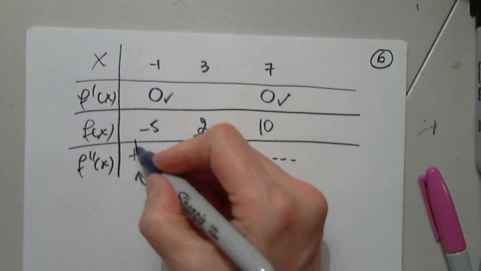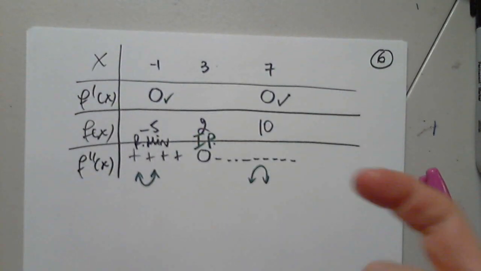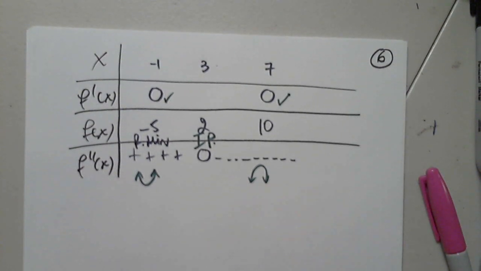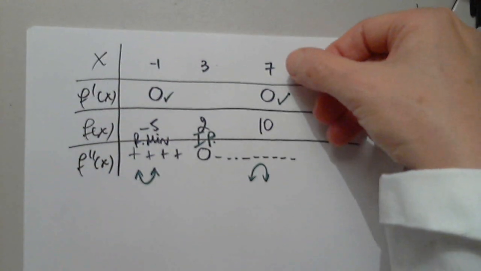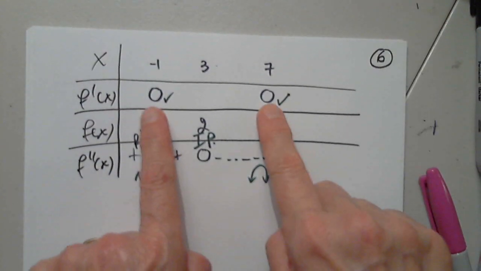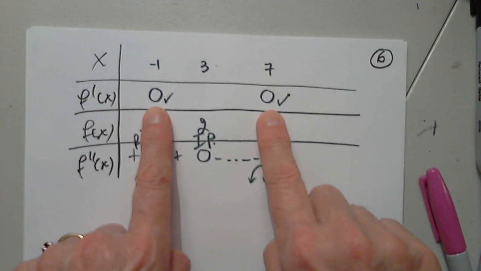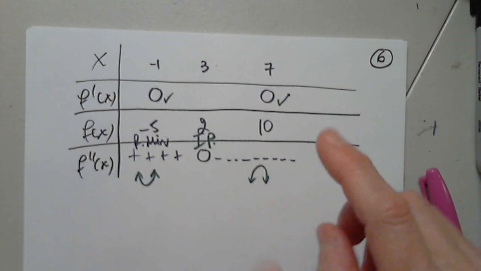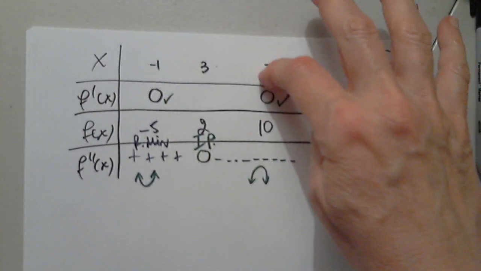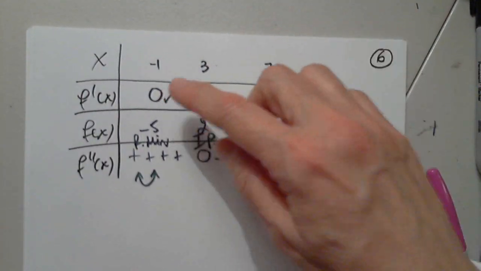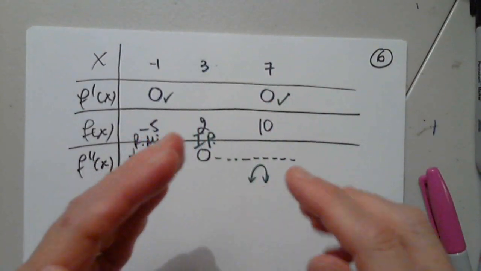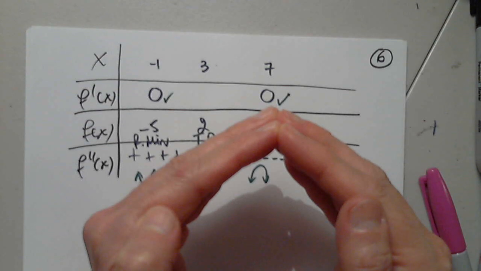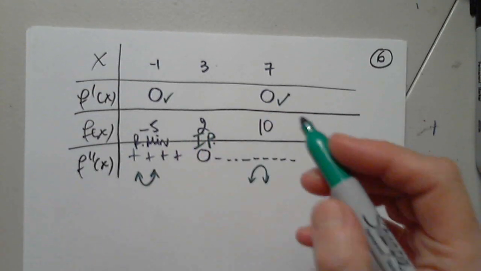So this is indeed a relative min. Now let's analyze this one. The derivative is 0, which means it is a critical number. What type of critical number is 7? A relative max. Exactly.